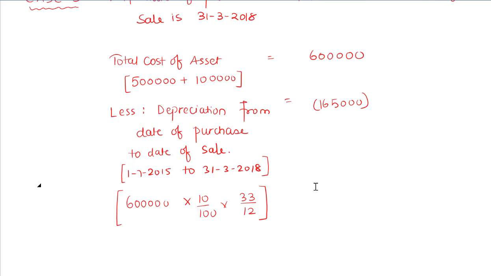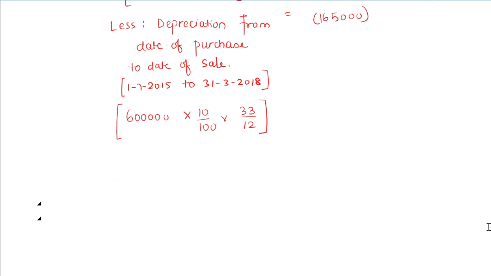The depreciation is 1,65,000. 6 lakh minus 1 lakh 65,000 is 4 lakh 35,000. This is book value as on date of sale.